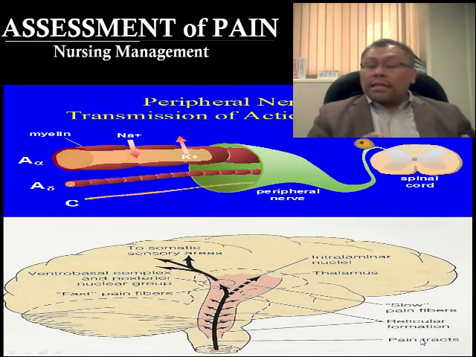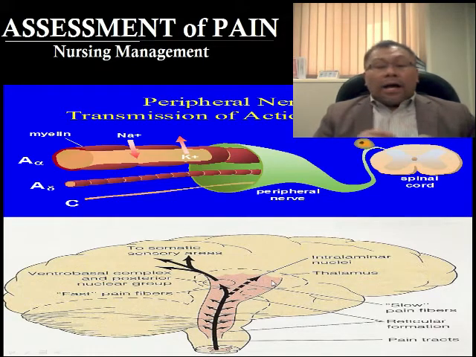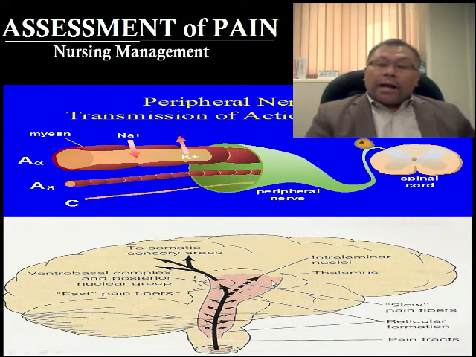Okay, this is the anatomic structure of the brain that involves pain stimulus. Now we have the pain tracts, going up to the reticular formation, and then we have the slow pain fiber, then down to the intralaminar nuclei of the thalamus, and this thalamus will be the one to give the interpretation of how the pain is, what we call the scale.